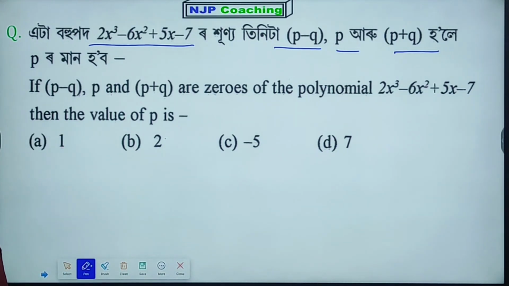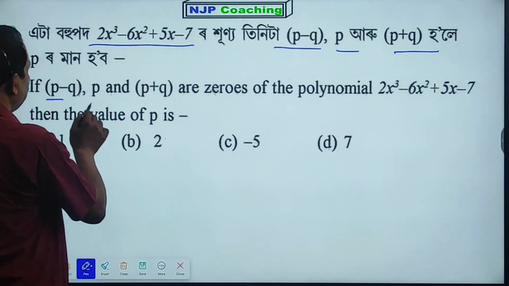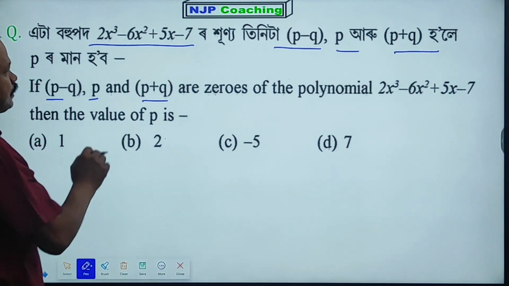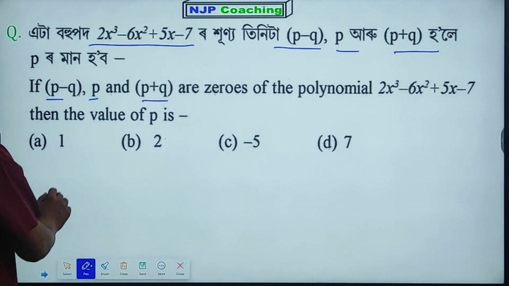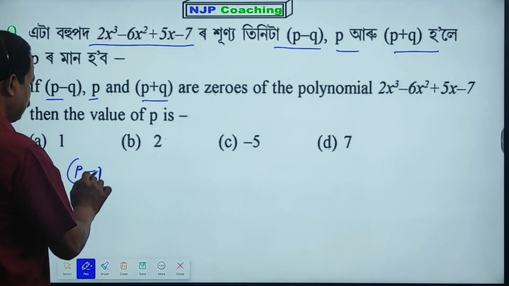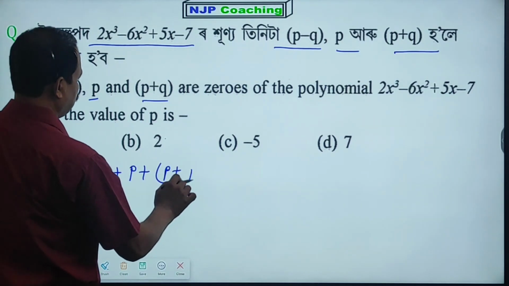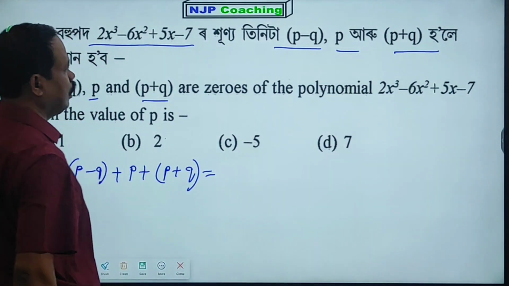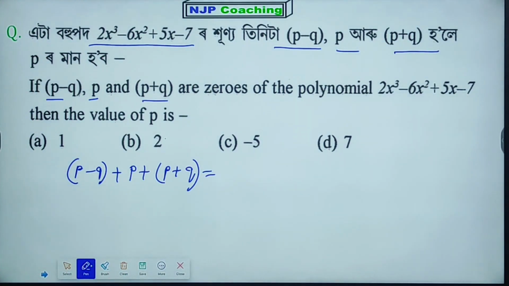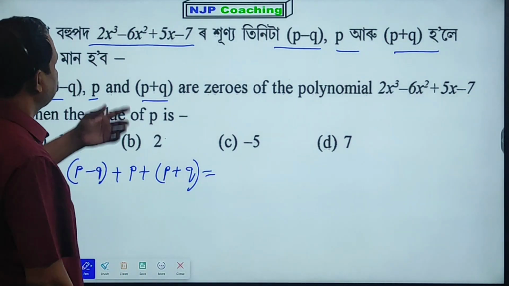Okay, what is the sum of the zeros? p minus q, p and p plus q are the zeros. So what is the sum of the zeros according to the formula?